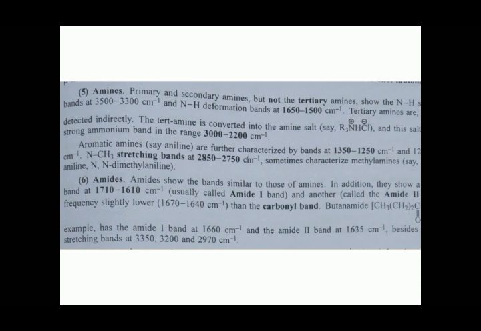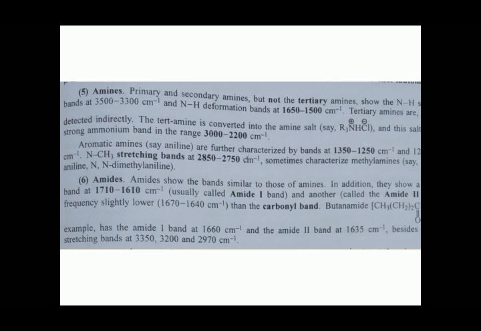For example, butanamide has the amide 1 band at 1660 cm inverse and the amide 2 band at 1635 cm inverse, besides the N-H stretching bands at 3350, 3200 and 2970 cm inverse. So these are all the frequency ranges of amides.